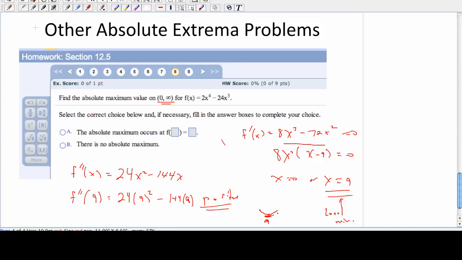There's never a point where the graph changes direction again. That's the only critical value. So therefore, at 9 here, we must have an absolute minimum. And again, because there is no place where the graph turns over again, there is no absolute maximum. So there's no absolute maximum, but the absolute minimum occurs at x equals 9.